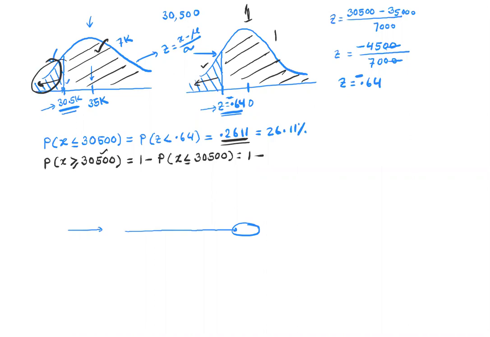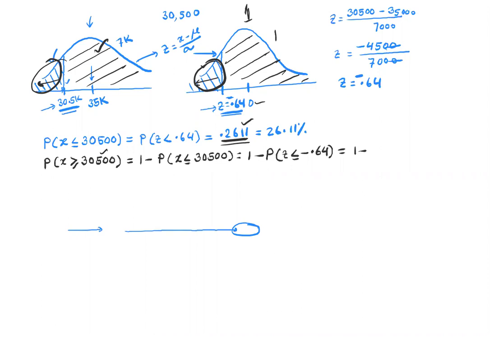That's 1 minus the probability of z less than or equal to negative 0.64, which is the same as 1 minus z less than or equal to 0.64.